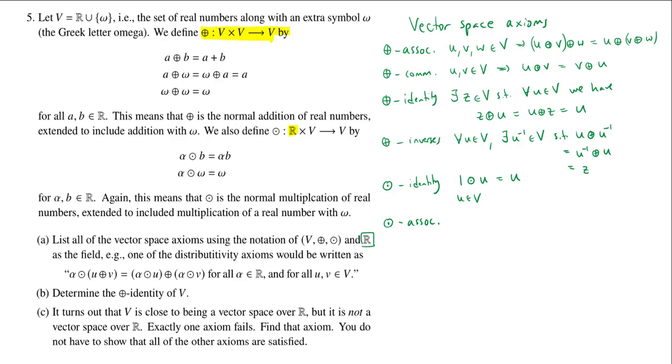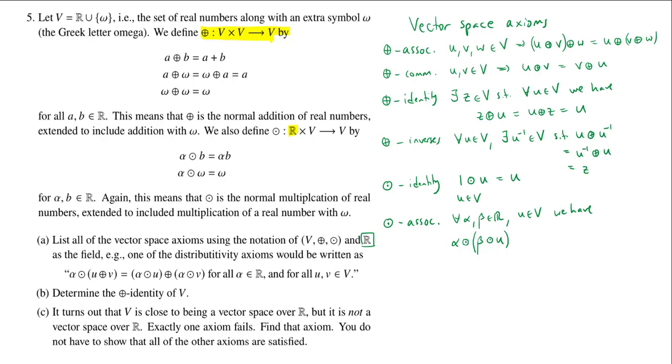Well, if I have multiple elements of the field, for all alpha, beta in R, and some u in V, we have: if I take beta dot u first, that gives me another element of V, and then I take the dot of alpha with that element.